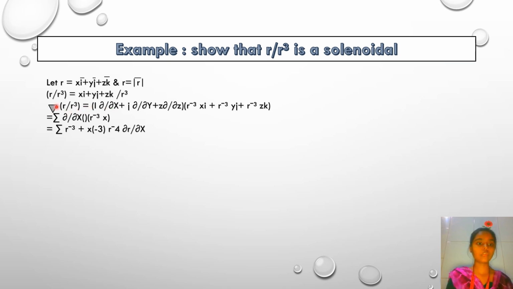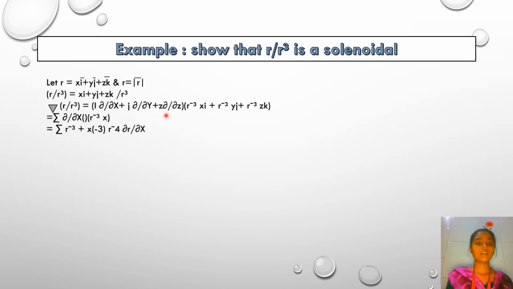Before that, we have to substitute r equal to xi bar plus yj bar plus zk bar in r. So we get xi bar plus yj bar plus zk bar by r cube. So del of r by r cube equals, with the del value, i bar into dou by dou x plus j bar into dou by dou y plus k bar into dou by dou z.